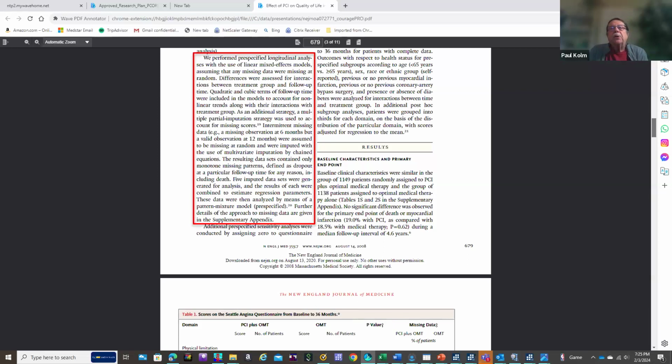And of course, whenever you have a study where you have data over time, you're going to have missing values. And it turns out, as you would expect, that the further out in time you go, the more missing values you have. And so typically what is done is that you assume that the data were missing at random.